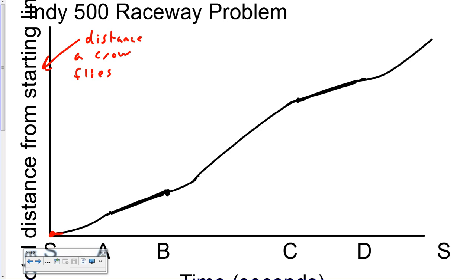It's going to be the same exact thing as the total distance going up to point S. Now we're going to think of A to B. A to B is going to be less than the total distance. So now I'm going to have a point here that's going to be increasing from A to that point.